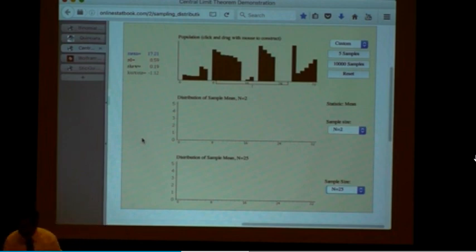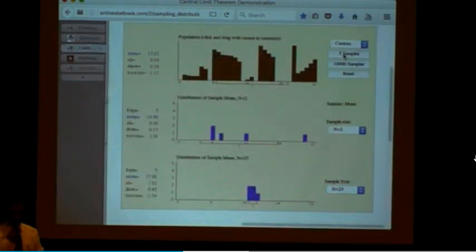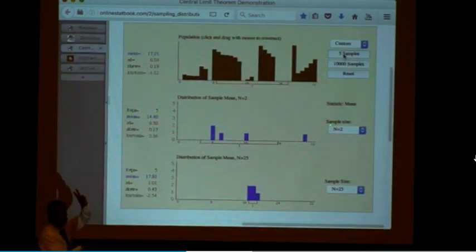So let's first start with 5 samples. Each sample has 2 data points. For 2 of the samples, my average was 8.